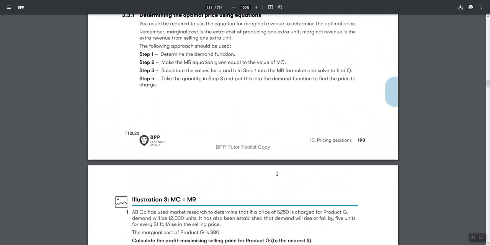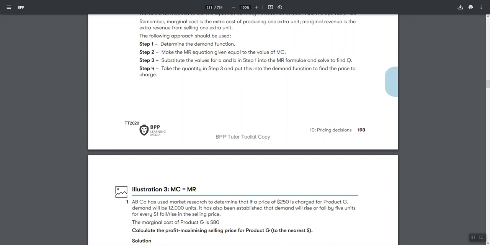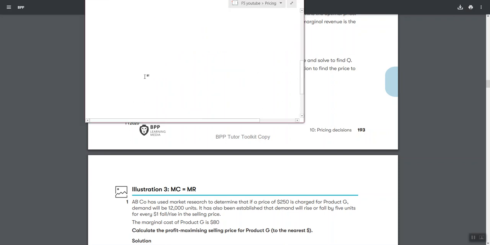So we are finding the same thing we did in the previous example, the A and B. So first let's find A, which is the price at which demand is going to be null.